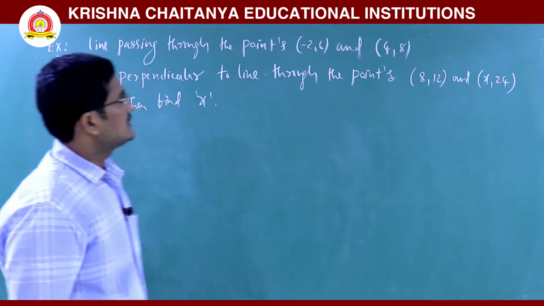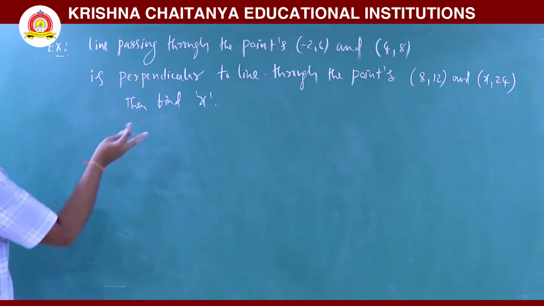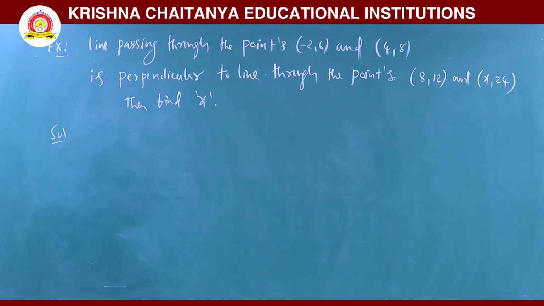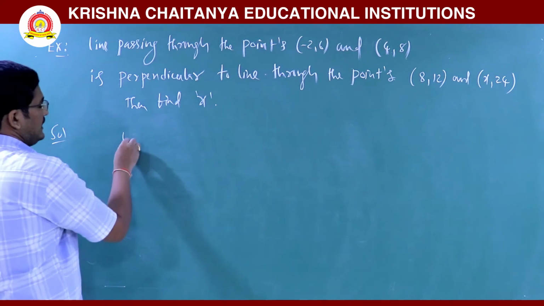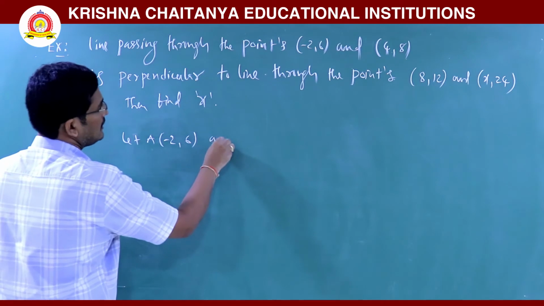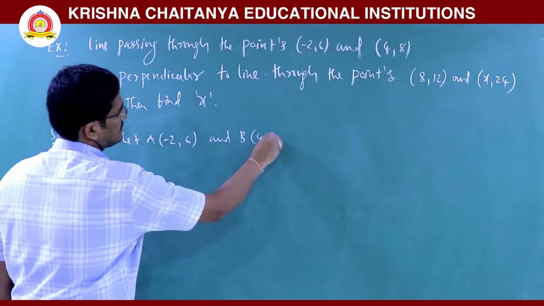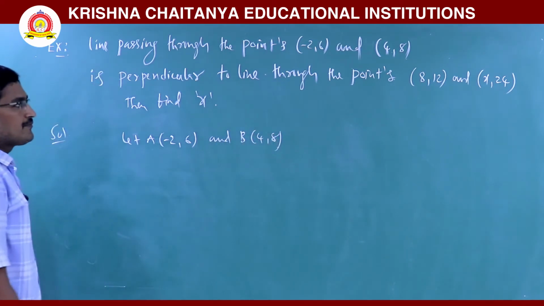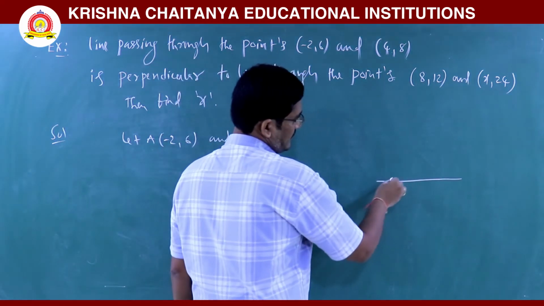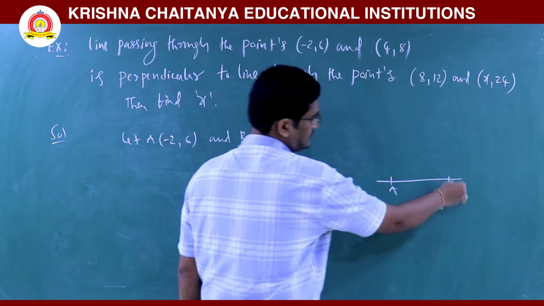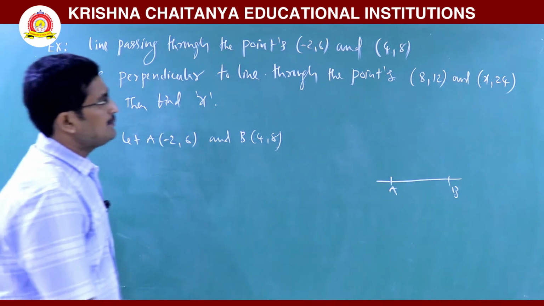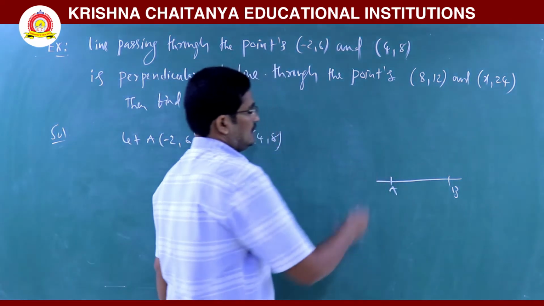You have to imagine the coordinate system, what is going on, then you will get some idea there. I am taking the first point as A, let A be minus 2 comma 6 and B be 4 comma 8. So this is the line passing through A and B, and it is perpendicular to the line passing through the other two points.